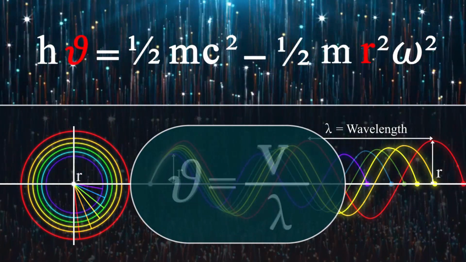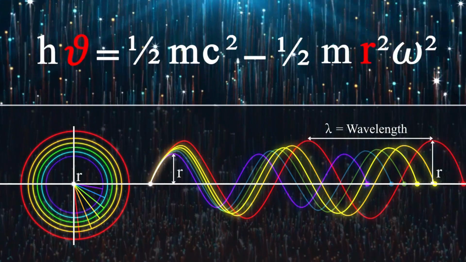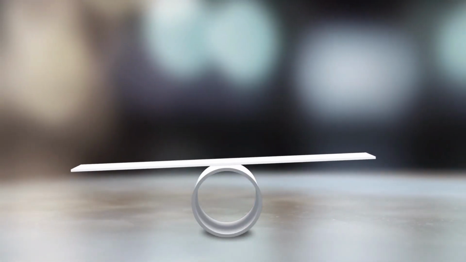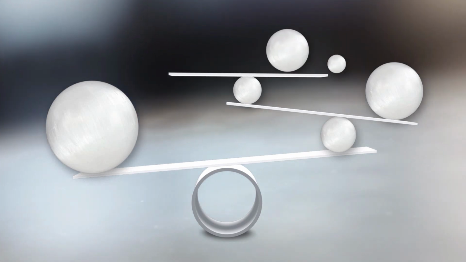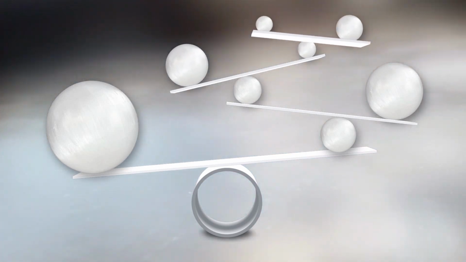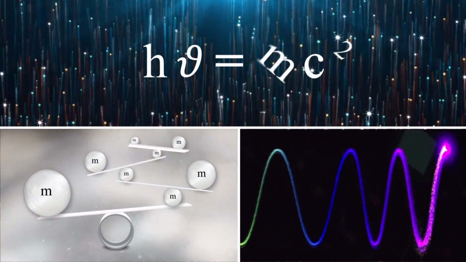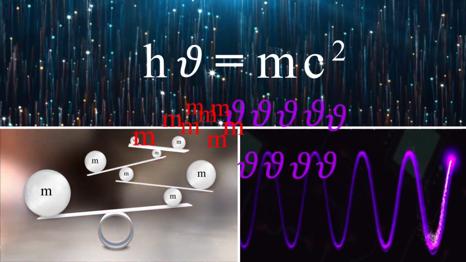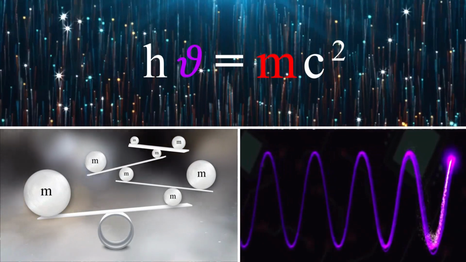Therefore, the variations of both variables, the rotational radius and the frequency, are the same kind of length. However, in the equality h nu equals mc squared, the variables are frequency and mass, and these variables are completely heterogeneous.